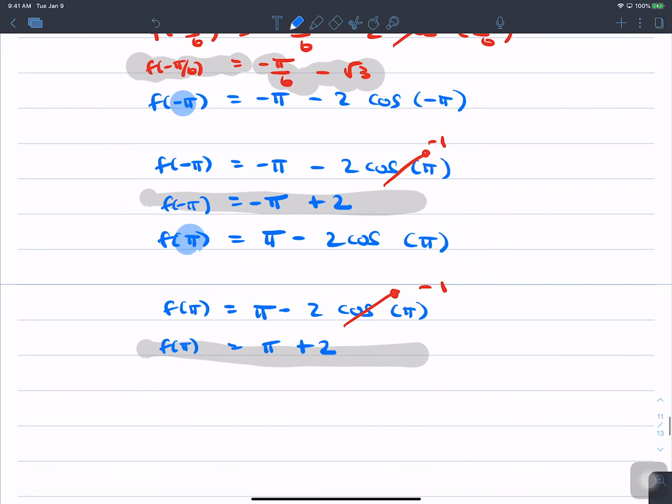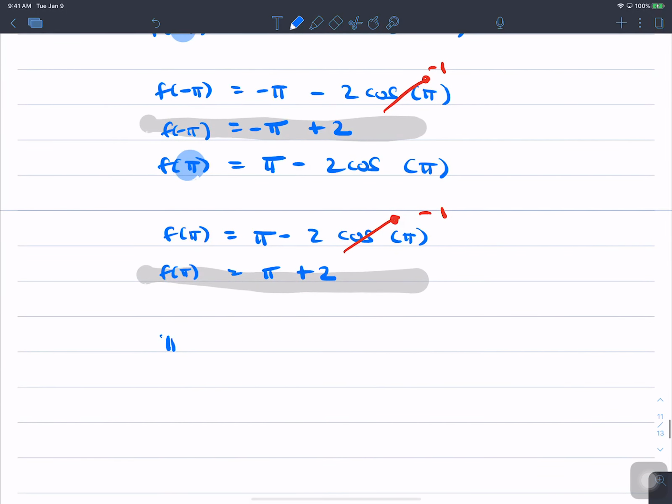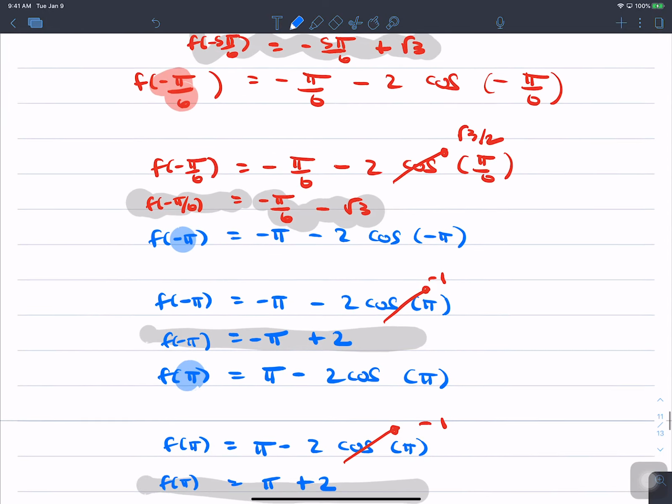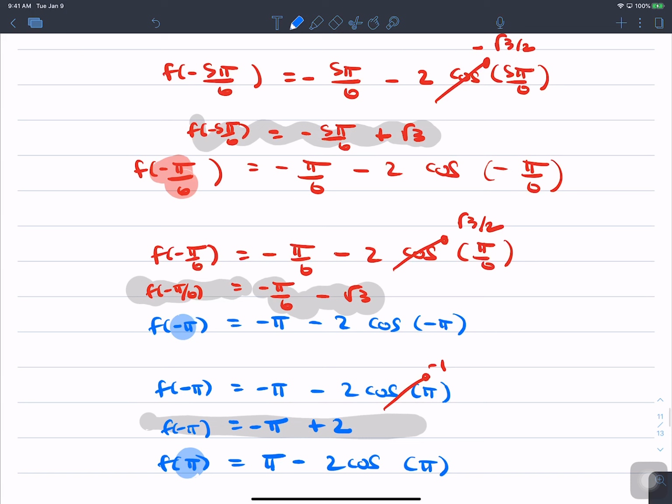Okay. Pi, ladies and gentlemen, do you guys know what's pi approximately? 3.14. So I'm going to use a calculator here to punch this in, okay? And I'm going to approximate to the nearest thousandths. So I get negative 5 pi divided by 6, and I have to add the square root of 3. So this is going to be here, right up here.